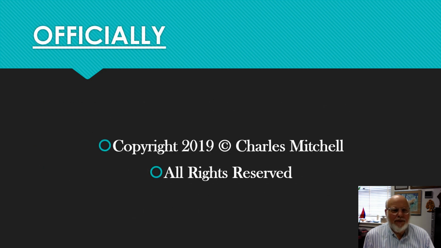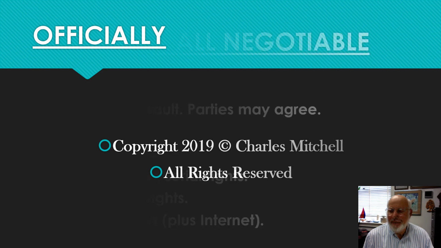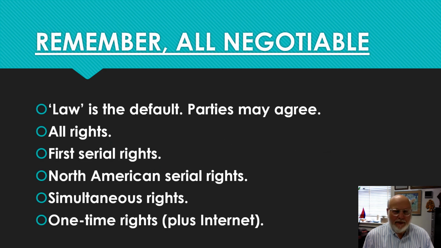A copyright notice would look like this, and specifically, "all rights reserved" means that's kind of the default position: if you're going to use this material, then this is who you contact, because this is the person who owns the copyright. Again, as we saw from our stadium example where we talked about intellectual property at a football game, everything's negotiable.